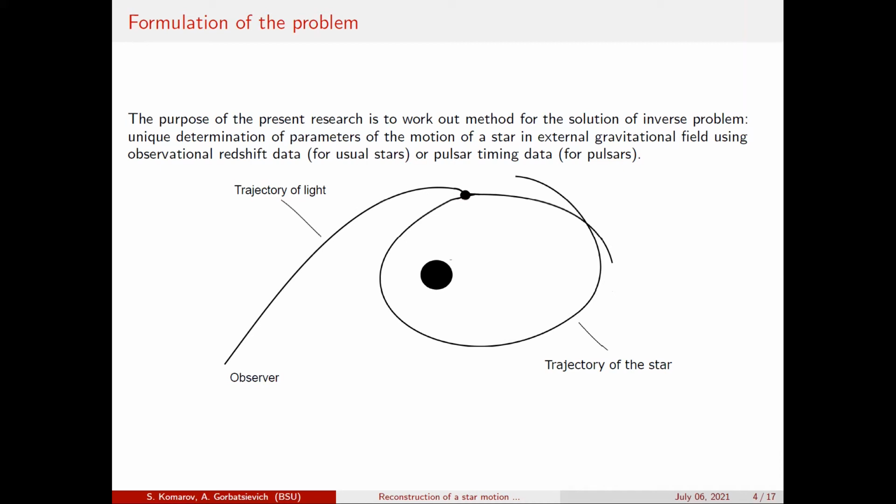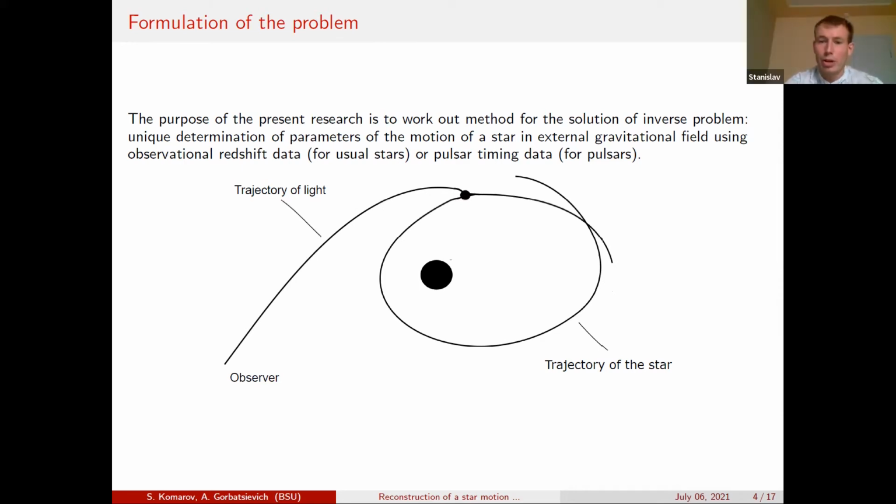The observer detects this radiation and measures the redshift of the electromagnetic radiation. Firstly, we must solve the direct problem, the obtaining of the redshift function from the known motion of the source star. And secondly, we solve the inverse problem, obtaining parameters of motion of the source star from the known redshift data.